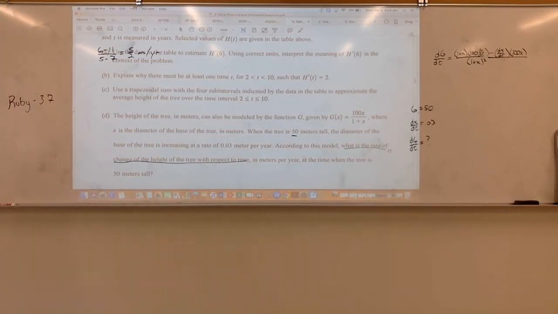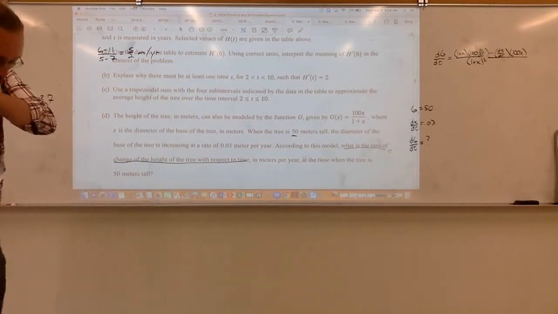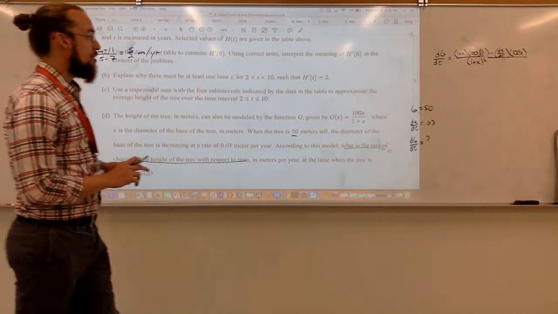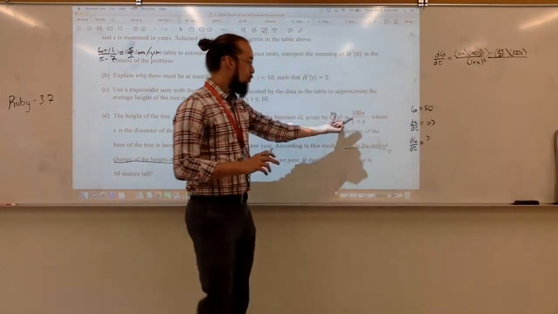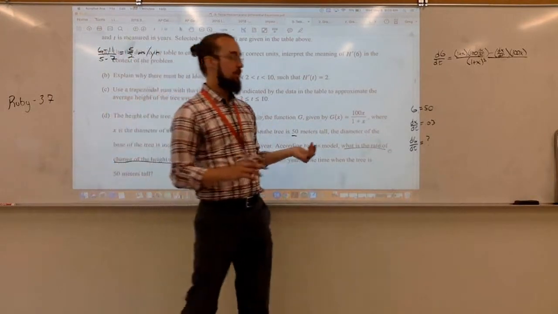So we need to solve for dg dt, right? Now, whenever g equals 50, we can use this equation to figure out what x is. Right?